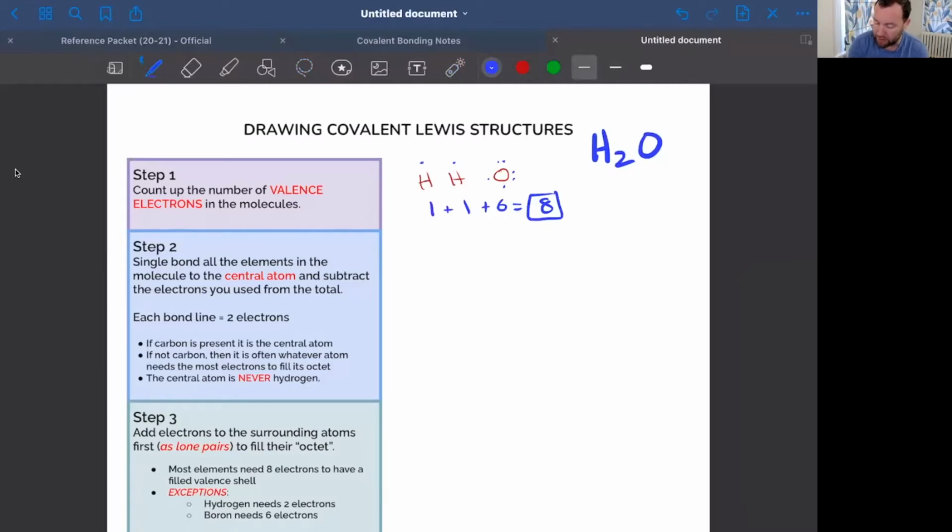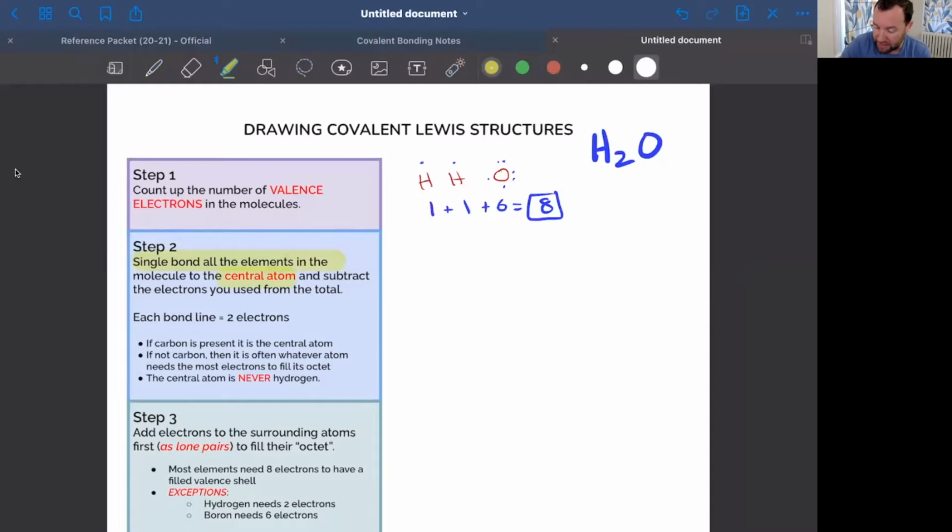Second step, you're going to single bond all the elements to what we call the central atom. Now, what is the central atom? Well, the central atom will always be carbon if it's present. If it's not carbon, then it's often going to be the atom that needs the most electrons to fill its octet.